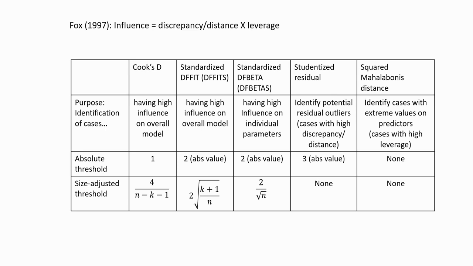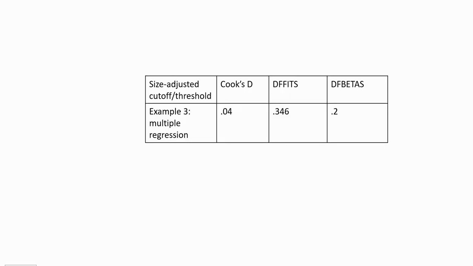For the Standardized DFBETAS, we can divide 2 by the square root of n. So if you open up the PowerPoint and go to example 3, these would be the size adjusted cutoffs associated with Cook's D, DFFITS, and DFBETAS.